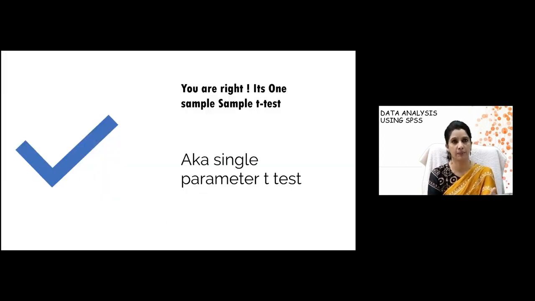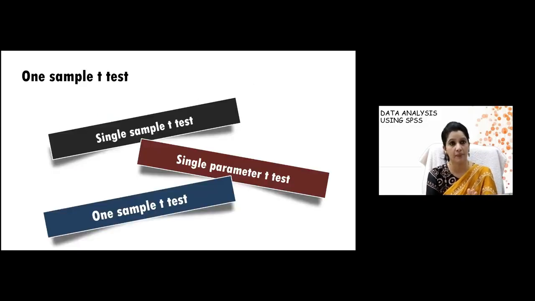And the test which is suitable for such a research question is the one sample t-test. The one sample t-test is also known as the single sample t-test or single parameter t-test.